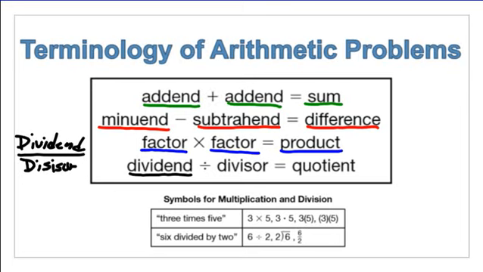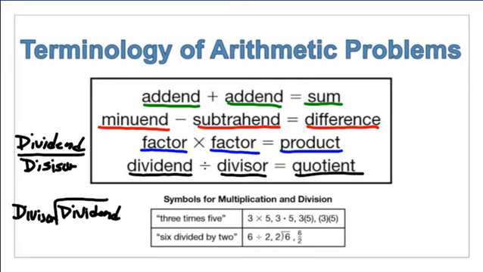Or if you think about the division box, the dividend goes in here, and the divisor is on the outside. And the answer to our division problem is a quotient. So if they ever ask you for the quotient, it's the answer to a division problem.